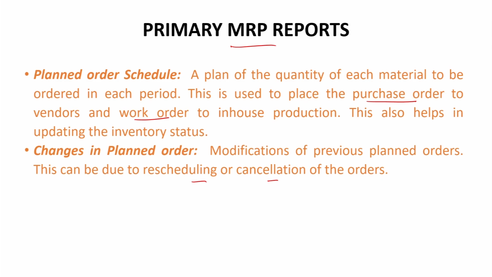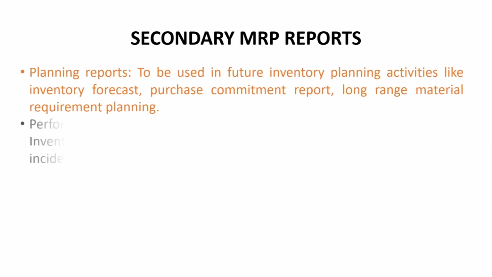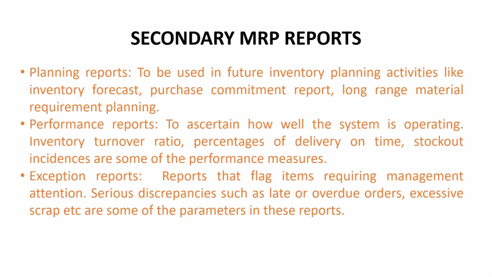Then there are certain secondary reports which are produced. This is the planning report to be used in future inventory planning. Based on this planning report, you can find out what your requirements are in different quarters, different months, different periods. So, you can do advanced planning in subsequent periods, because the demand for your product also has a certain pattern, and based on that you can plan for the material requirements in advance.